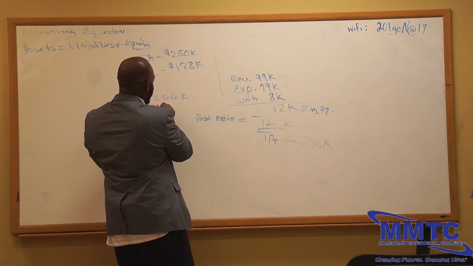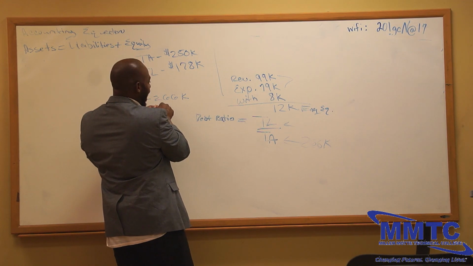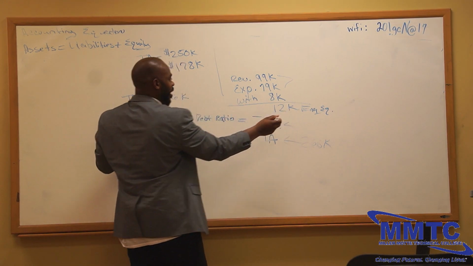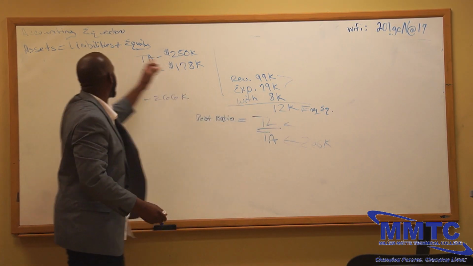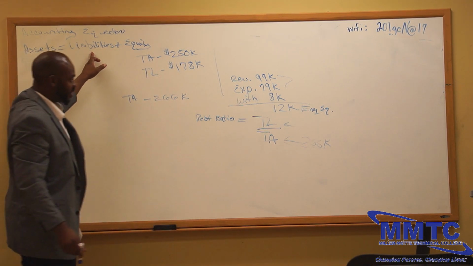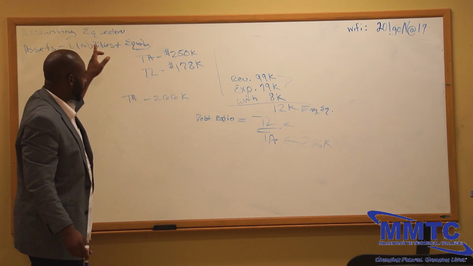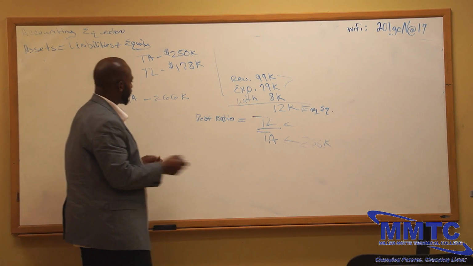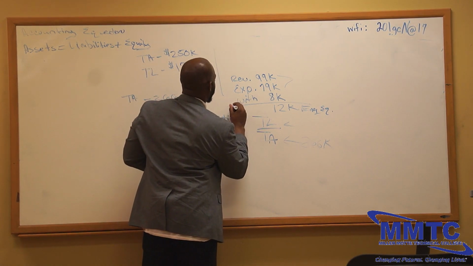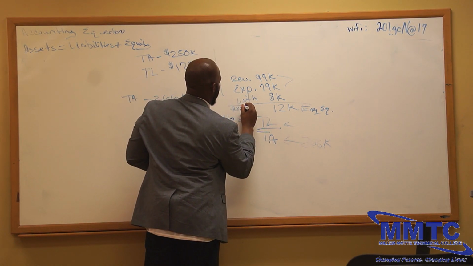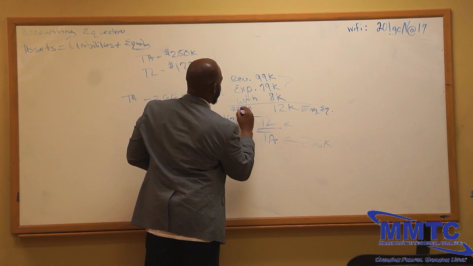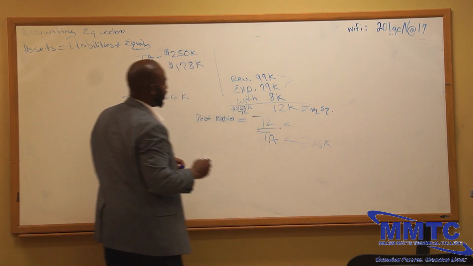So 266K minus 12K gives us the difference we're looking for, total liabilities. What's that number? 254. Is that 254? Okay, so 254K is our total liabilities for the year.